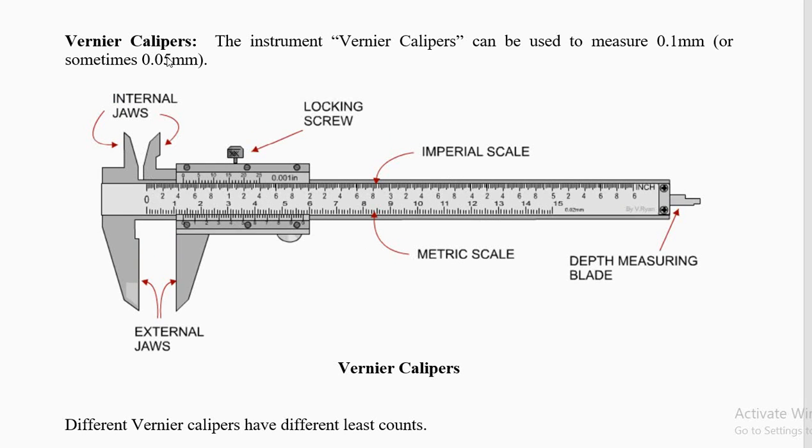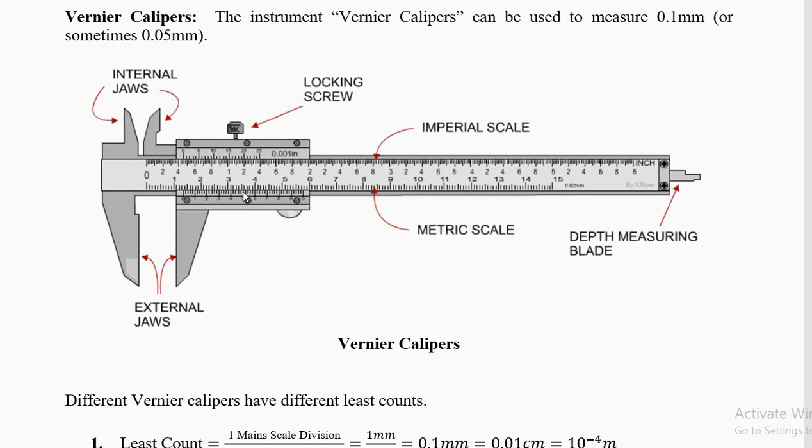Now let's look at the vernier calipers closely. See, the main scale here will be just like your ordinary scale. 1 centimeter divided into 10 lines or sometimes 20 lines. It is 1 millimeter or half millimeter is the smallest you can do. Now the second scale is called the vernier scale, and this vernier scale moves over the main scale like this.